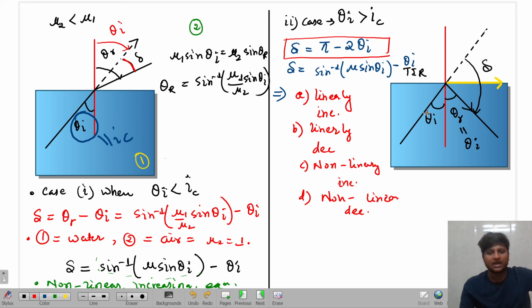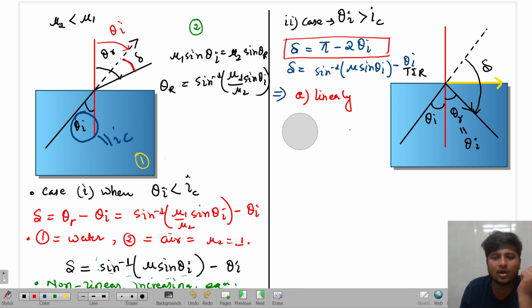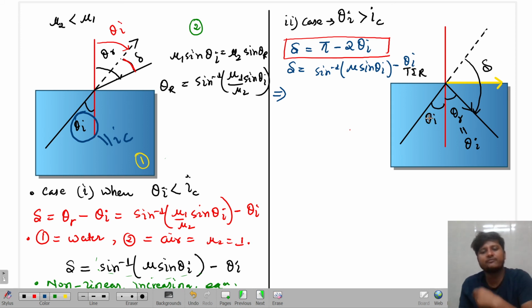But here what is going to happen is just opposite, like whatever you have learned is going to happen opposite in case of TIR. So if I consider this theta I here, let's suppose theta I is equal to IC, what is happening? TIR is happening. Got it?